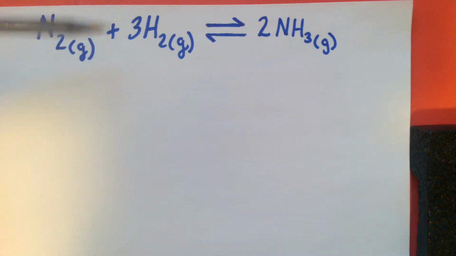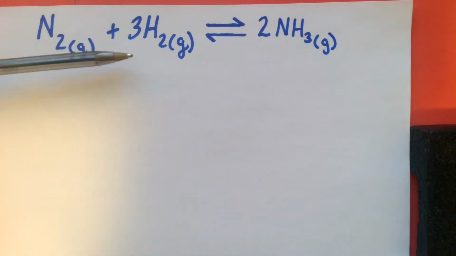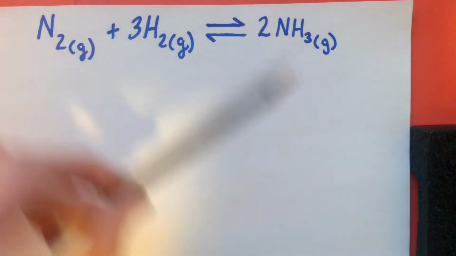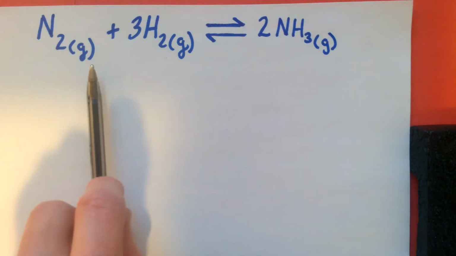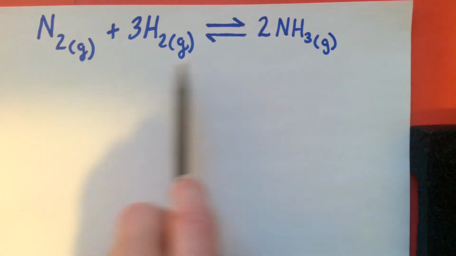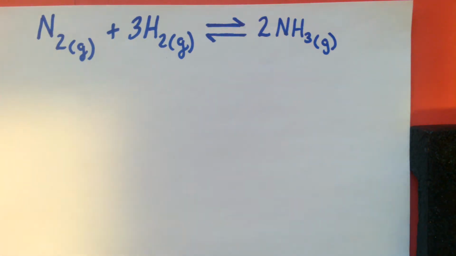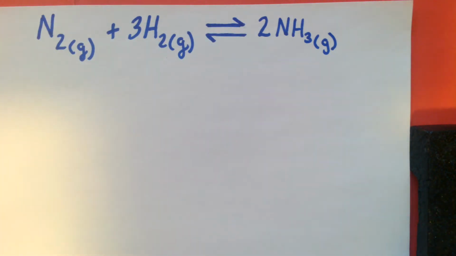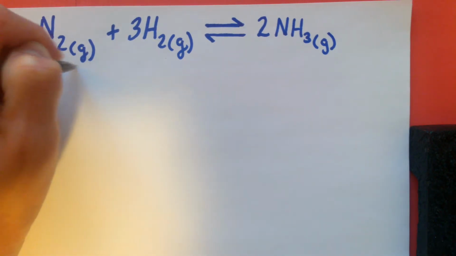Opposing reactions, here we've got a forward reaction, the synthesis of ammonia, and then we have its reversal reaction. So we have opposing reactions happening in our system. Both the forward and the reverse reactions are occurring, and equilibrium is established when those two reactions are occurring at the same rate.